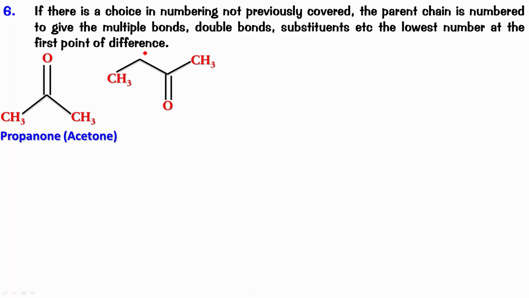Well, I don't think you need to write the number here, because if the double bond O, instead of being here, had it been here, the name would have still been butanone, because if you number it, you would write butan-2-one. But if the double bond is over here, even then it is going to be butan-2-one. So wherever the double bond is there in the middle, the name is the same, so the number is not required. This is butanone.